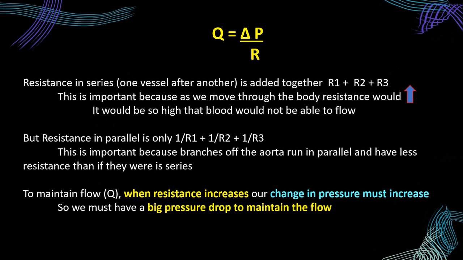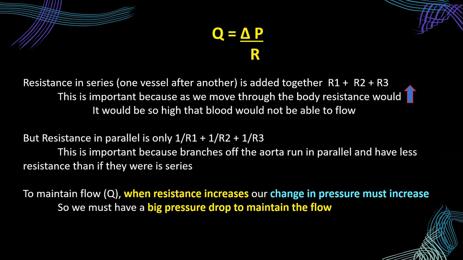So we said here's the equation. Q equals change in pressure over resistance. If I have resistance in a series, one vessel after another, they are added together as R1 plus R2 plus R3. This is important because as we move through the body, the resistance would keep increasing because we keep adding them in series.